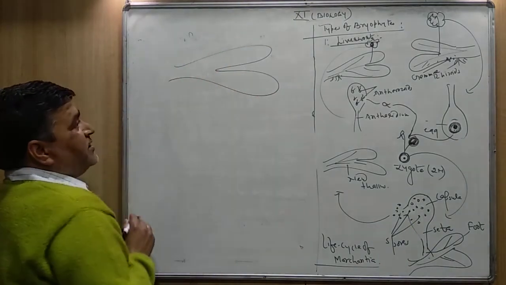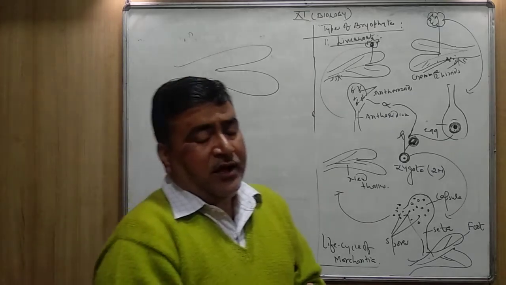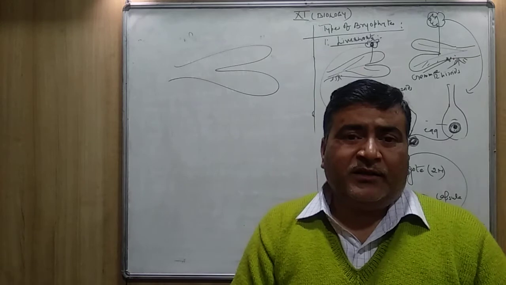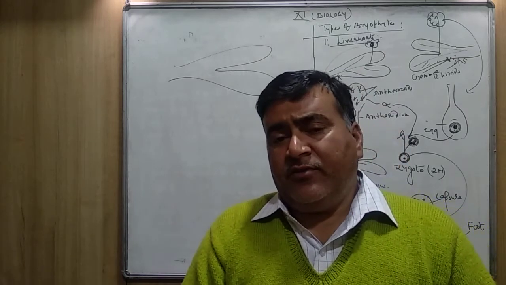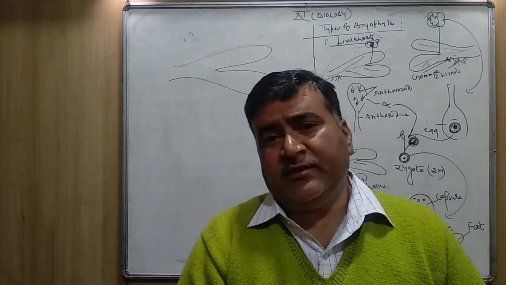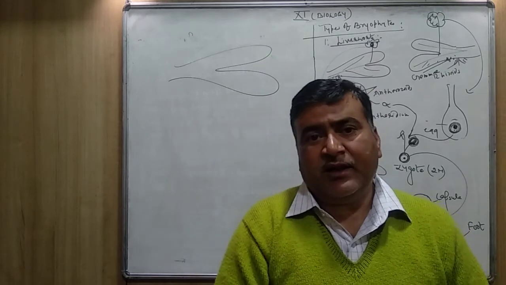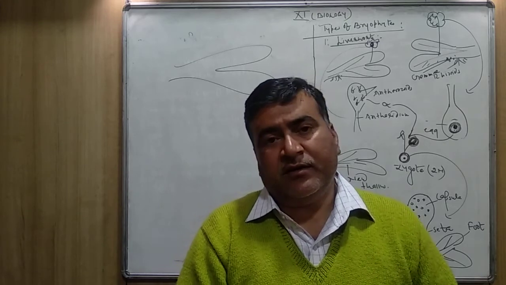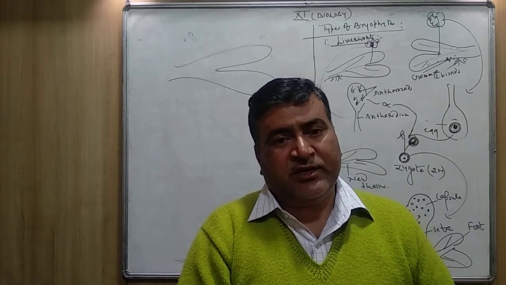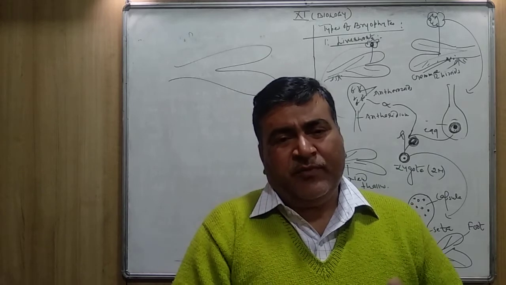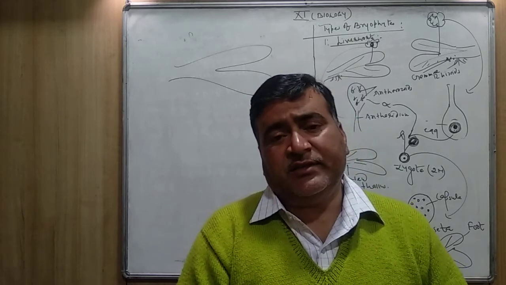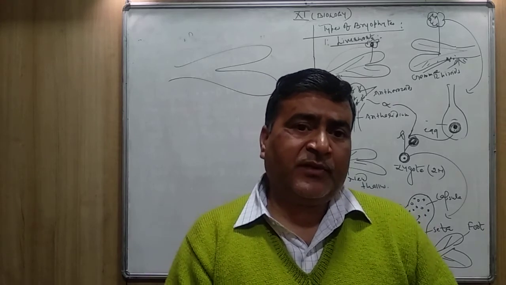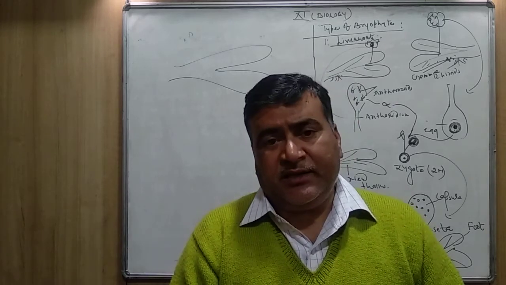This is a plant, and it is a kind of liverwort. The liverworts include so many simple bryophytes, like Riccia, Marchantia, Pellia, Porella, Anthoceros. So many simple bryophytes are included in this type, that is liverworts.